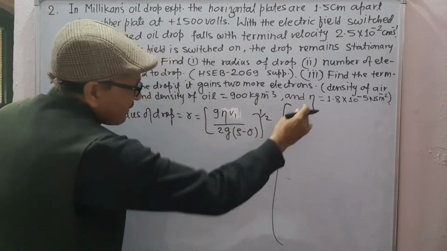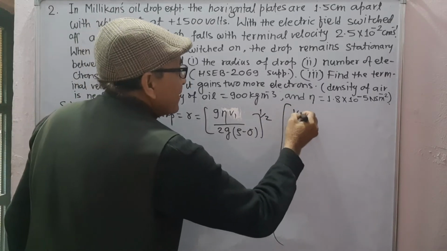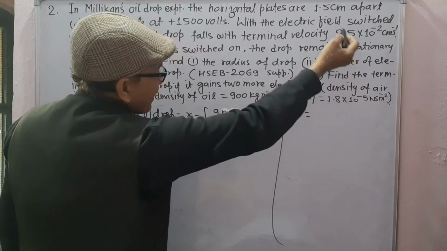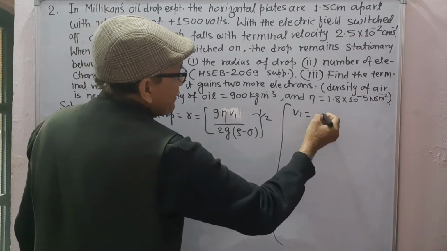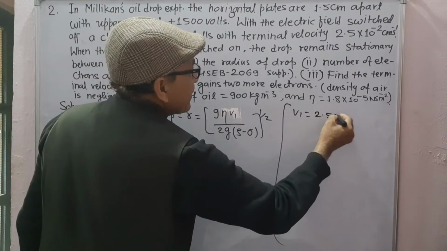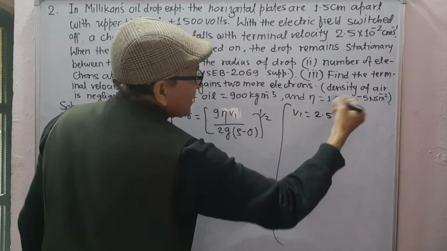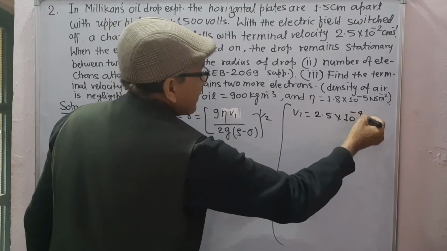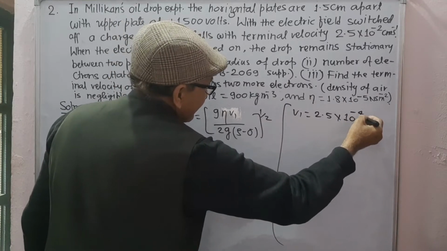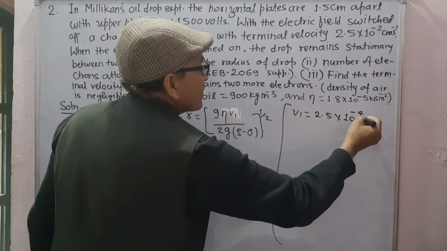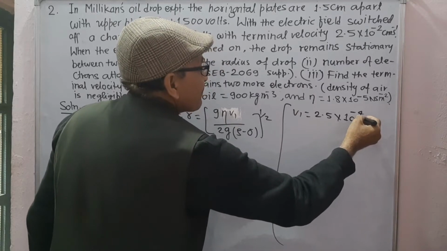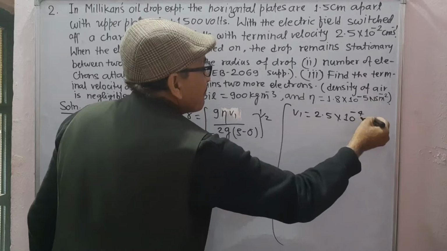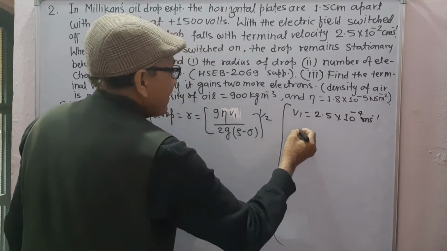Here V1 is the terminal velocity in the absence of the electric field, 2.5 x 10^-2 cm per second, and divided by 100 it gives 2.5 x 10^-4 meter per second.